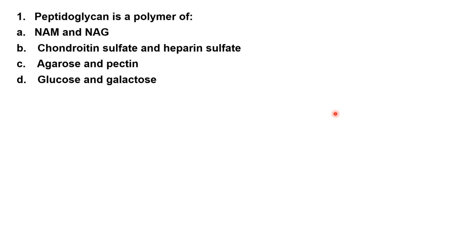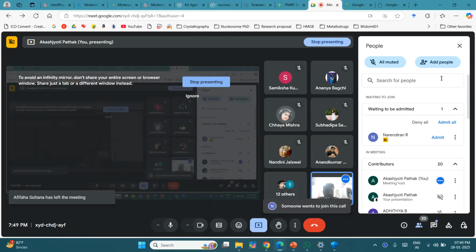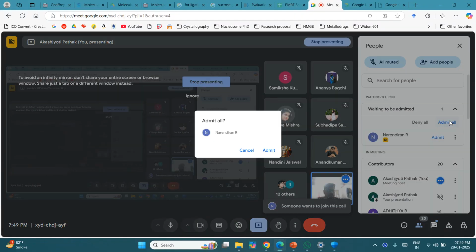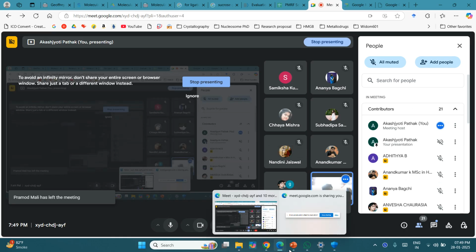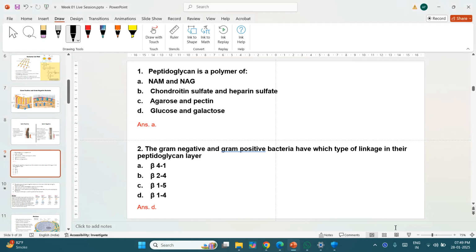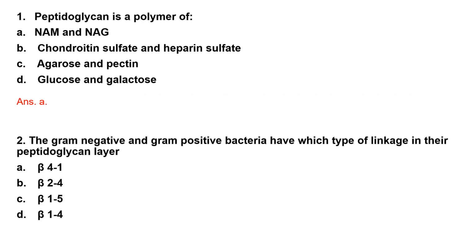That is the beta 1,4 glycosidic bond. So what type of linkage is present in the peptidoglycan layer? That is beta 1,4.